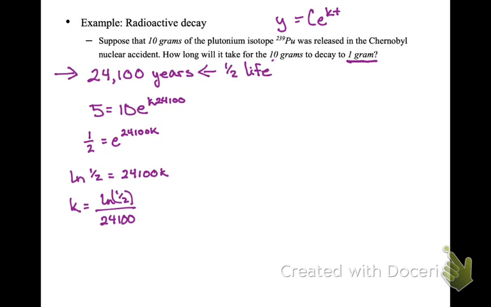So I want to know when I get to 1 gram. So 1 equals 10 e. We're looking for t, correct? Yeah. So it's going to be t times the natural log of 1/2 over 24,100.